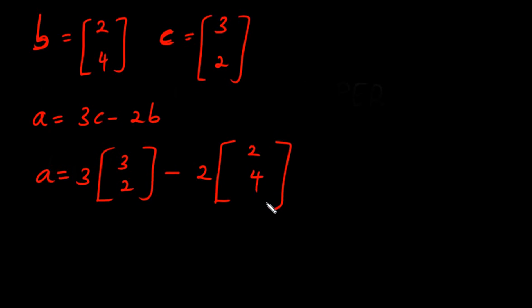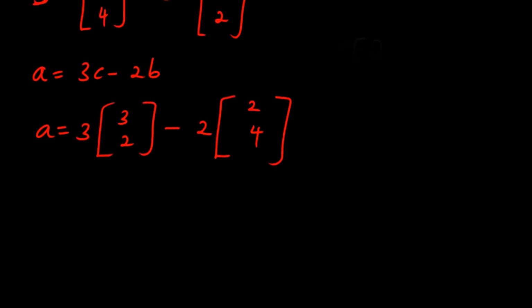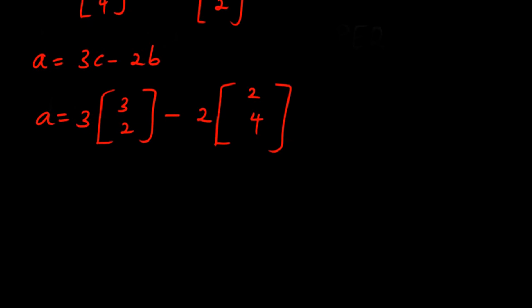Sometime back in the past we learned how to multiply a vector by a scalar. If you haven't checked out that video, I'm going to leave a link to it in the description box so that you get a chance to learn more about how to multiply a scalar by a vector.